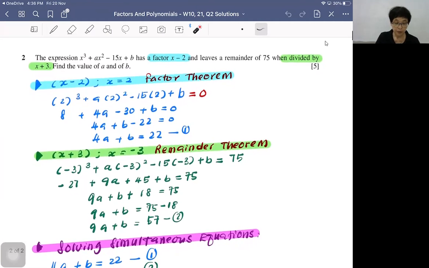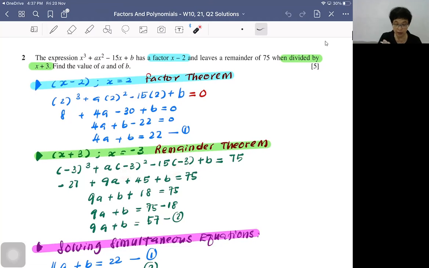Now we go on with the second statement given to us. When the polynomial is divided by x plus 3, it gives a remainder of 75. So there we're going to invoke remainder theorem. The divisor is x plus 3, so we draw out x equals minus 3. We substitute the x value into the polynomial.